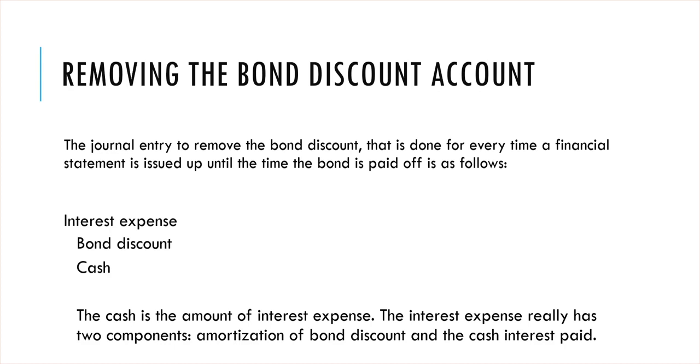So we would have cash interest expense. You could say there's a cash interest expense, and it's 8,000. But you're also going to have an interest expense that's coming from getting rid of that bond discount. So that's going to happen as well.